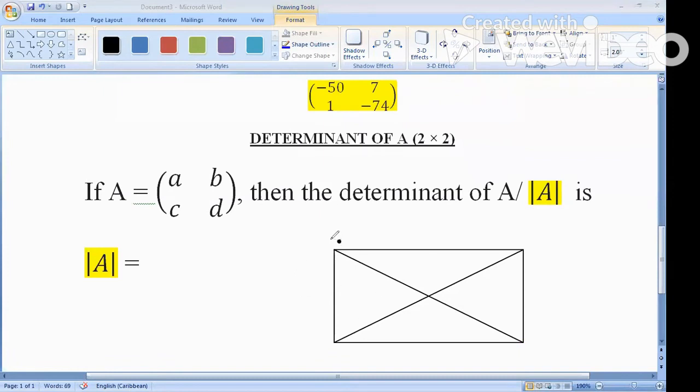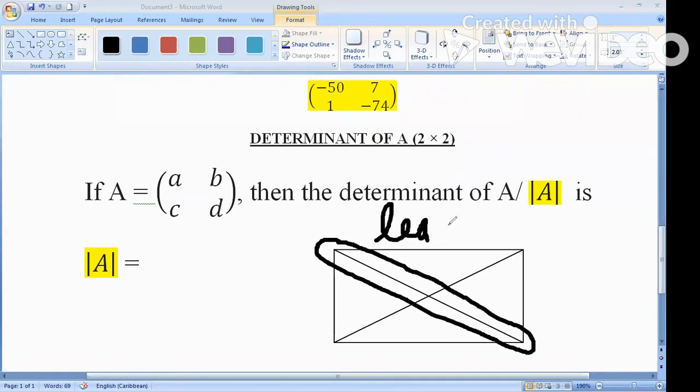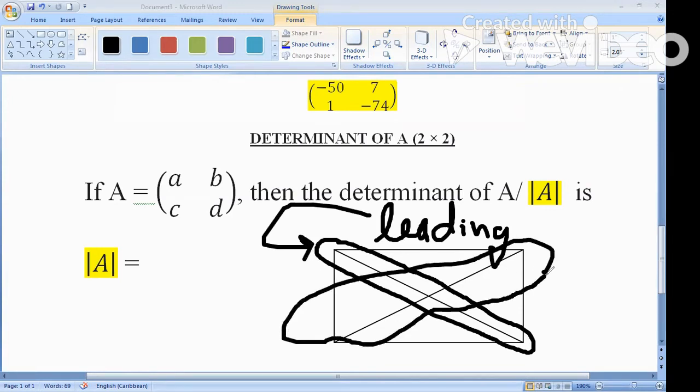Diagonals. You see this diagonal here is called the leading diagonal. And this one is the non-leading diagonal.